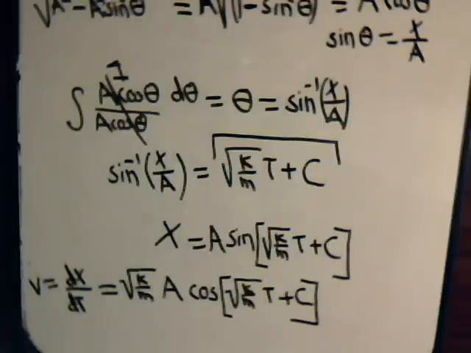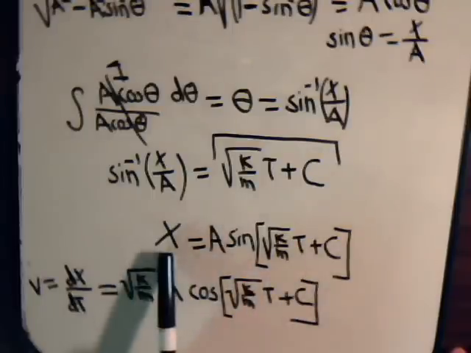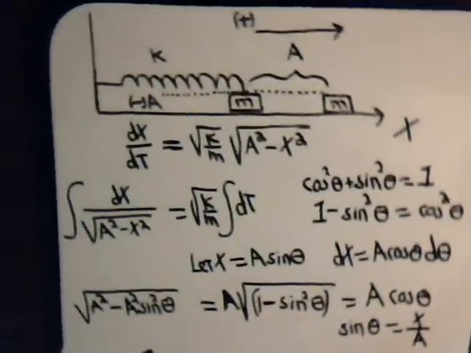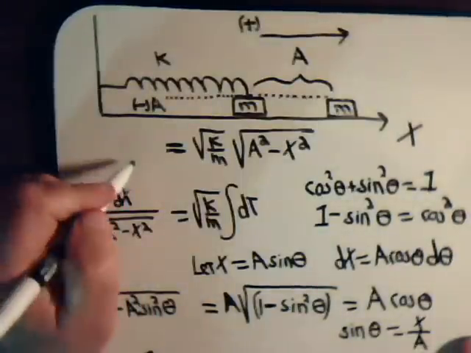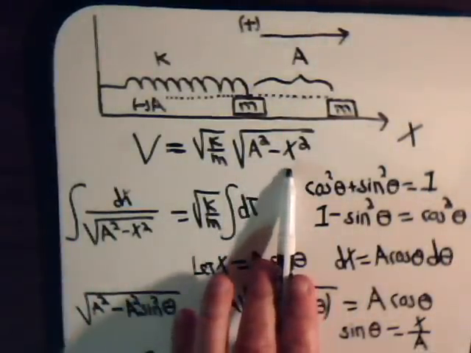So this expression right here gives us the velocity of the block at any time t. This expression gives us the position of the block at any time t. And remember, these were derived from this equation, the velocity of the block at any given position.